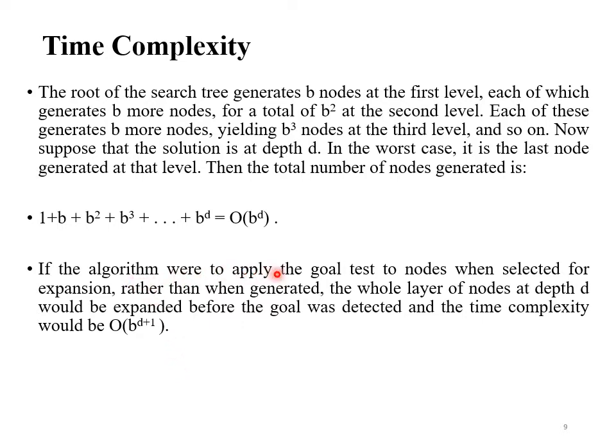If the algorithm were to apply the goal test to a node when selected for expansion rather than when generated, the whole layer of nodes at depth d would be expanded before the goal was detected, and the time complexity would be order of b to the power d plus 1. So in this case of breadth first search, the time complexity will be one more level, because we have opened its successors before finding the goal node.